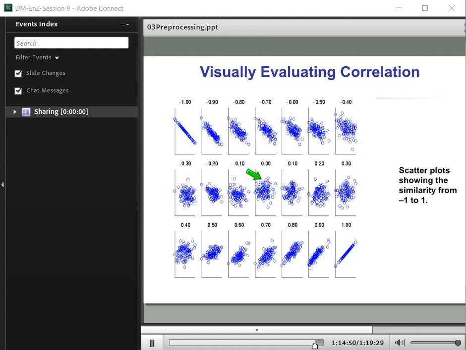But for uncorrelated features, I should keep both of them. But for correlated features, I can keep one of them and remove the others, because they are correlated.